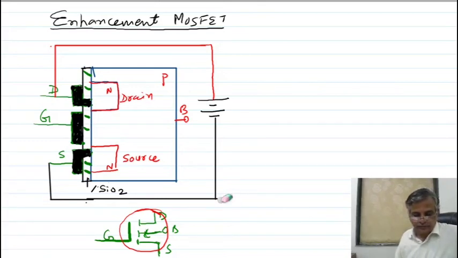Now look here, the gate to source voltage we are giving is 0 voltage, no voltage we are giving here.